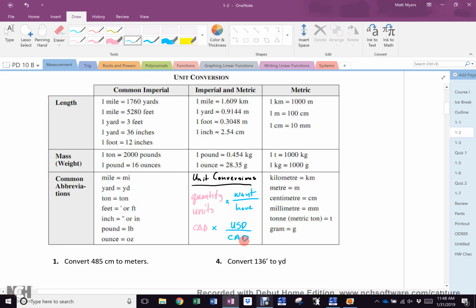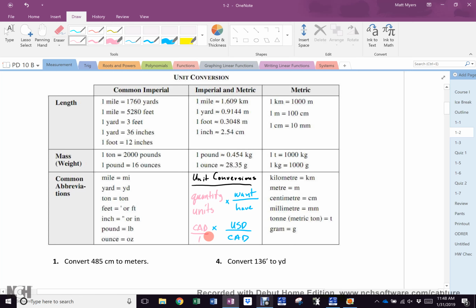Now, you're all very intelligent people. As a matter of fact, you're the smartest math students in the school. What is the CAD officially over that we don't write? Whatever value I have there, for example, I have 800 Canadian dollars. What is this officially over? Hazel? 1. Excellent. Now, you will notice that I didn't write that there.